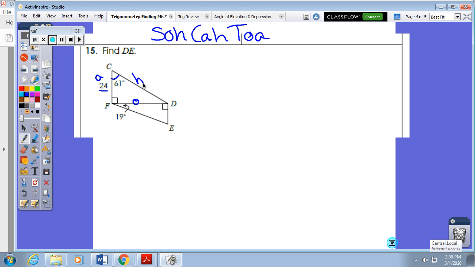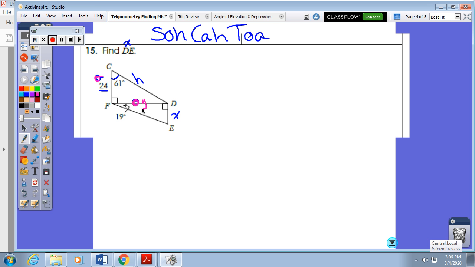Because I'm trying to find DE, I'm going to label this x here. I'm going to find this side out here. I need to get into the other triangle. So I'm going to find my opposite using my adjacent. I'm going to call this y right now.